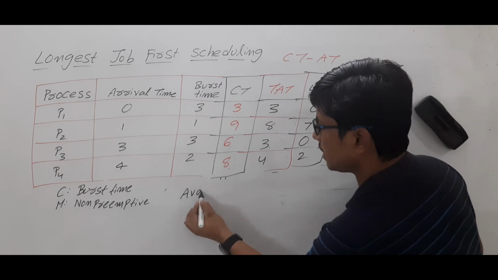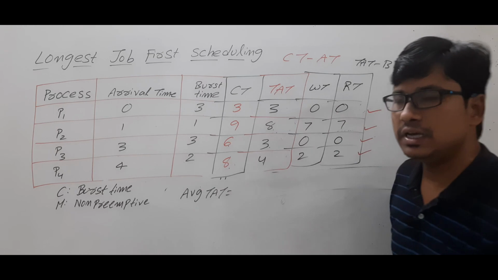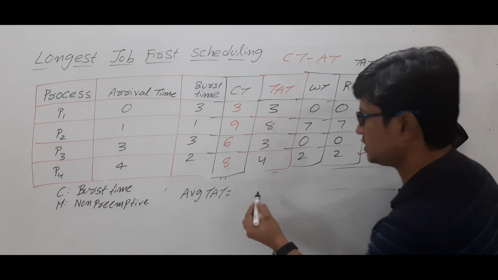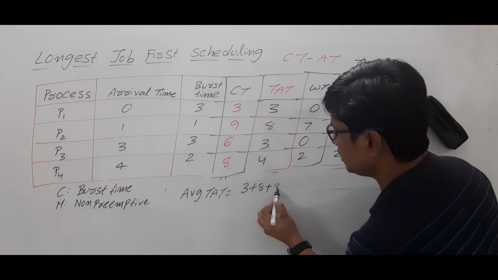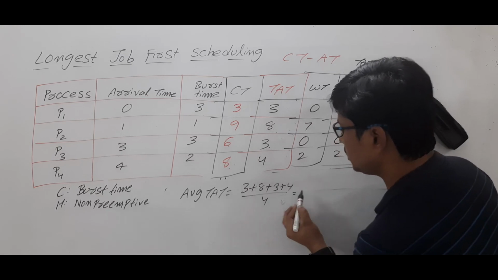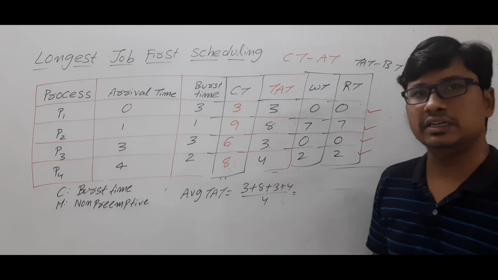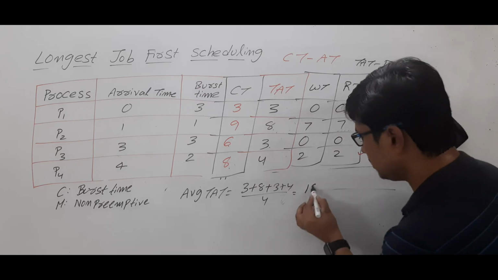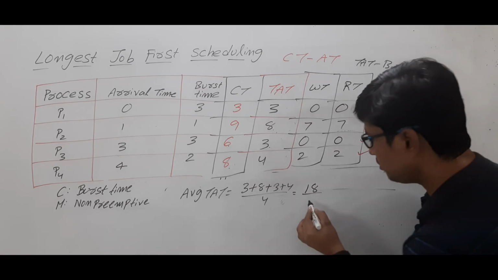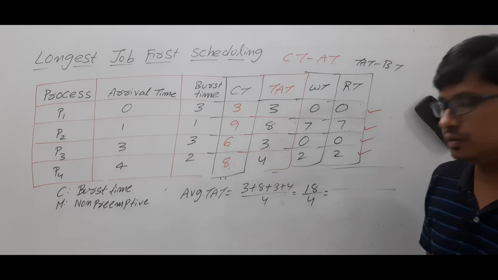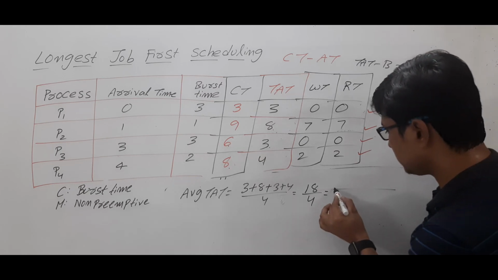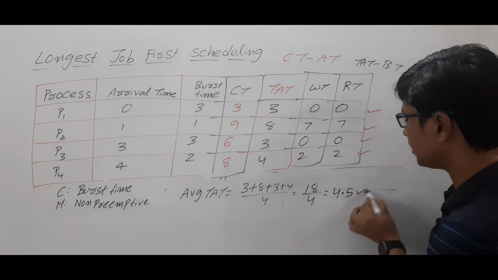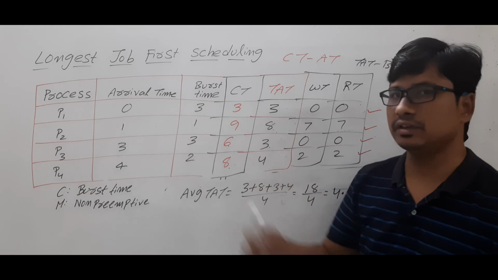The average turnaround time is equal to the sum of all the process turnaround times divided by the number of processes, which is 3 plus 8 plus 3 plus 4 by 4. 3 plus 8 is 11, 11 plus 3 is 14, 14 plus 4 is 18, divided by 4. 4 fours are 16, so you have 2 by 4, which is 0.5. So 4.5 is the average turnaround time for the given question.